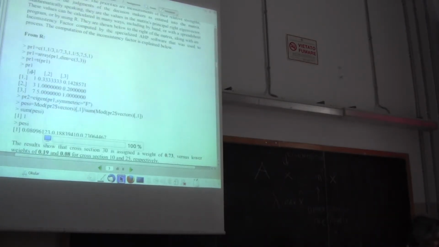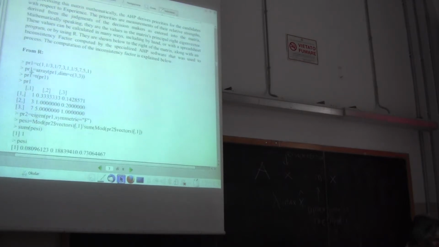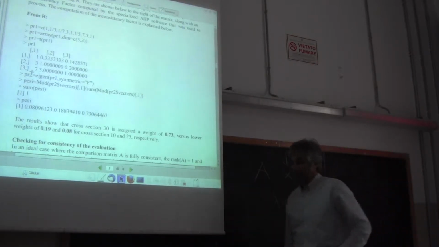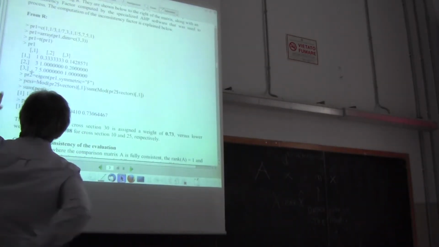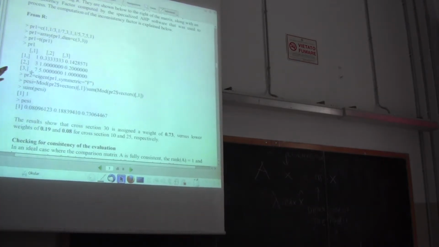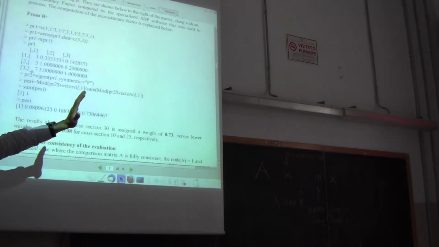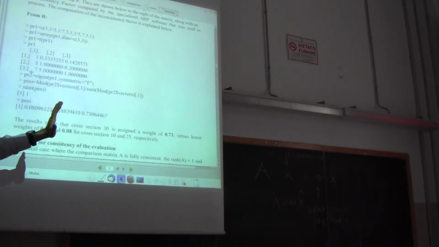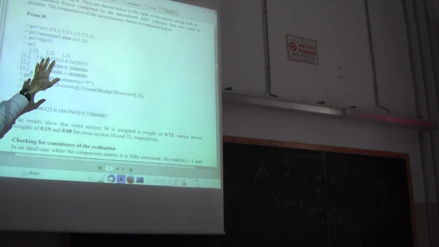Now, how can we compute this in R? In R it's very simple, and here is the code. First of all, there is the definition of the matrix, and I used this way to define this matrix. I went by rows. I entered first a vector, PR1, where I put the elements of the matrix by rows, and then in the second instruction I convert the vector into a matrix whose dimension is 3 by 3.